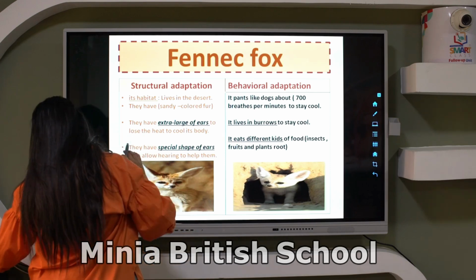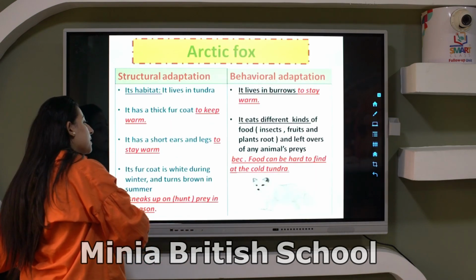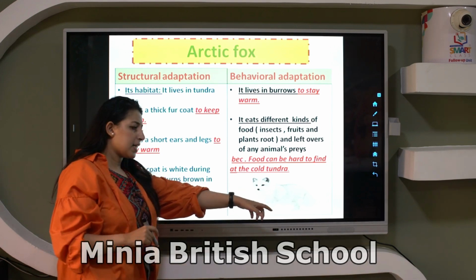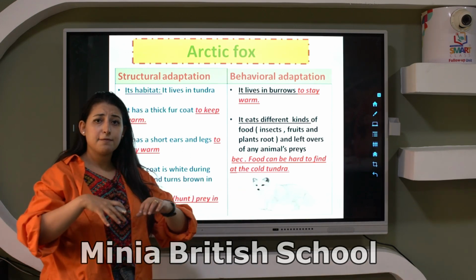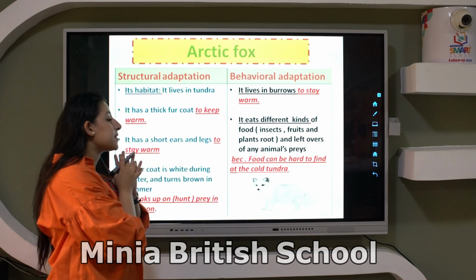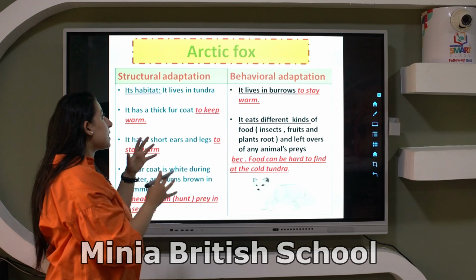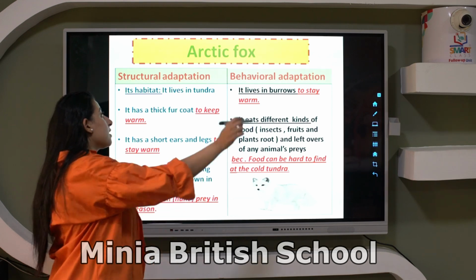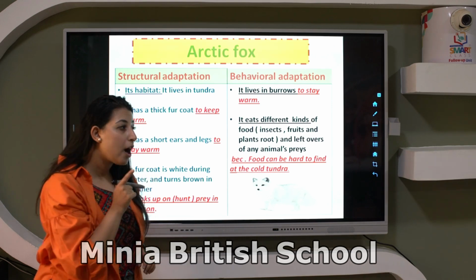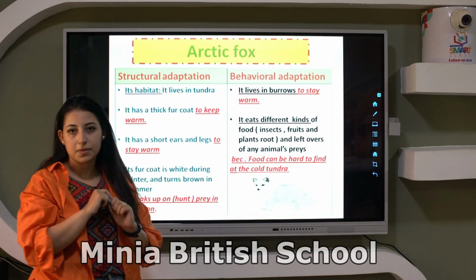Okay, what about its friend or its brother, the Arctic fox? The Arctic fox is bigger in size than the fennec fox. The fennec fox has a small size. The Arctic fox lives in the tundra. Tundra is a type of desert, but a special desert.